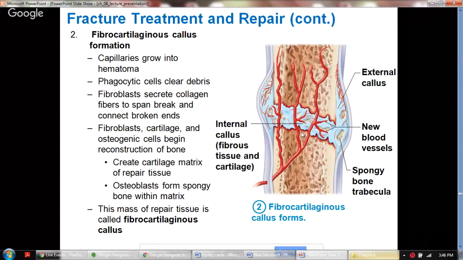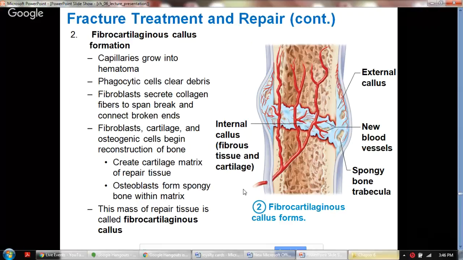The phagocytic cells come into the area and clear cell debris. The fibroblast cells start to secrete collagen fibers to span the break and connect the broken ends over here. And then the fibroblasts, cartilage, and osteogenic cells begin the reconstruction of the bone, creating a cartilage matrix of the repair tissue, and then osteoblasts start to form spongy bone within the matrix.